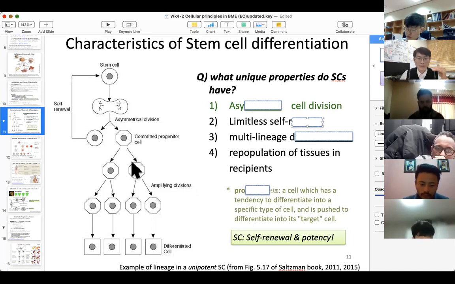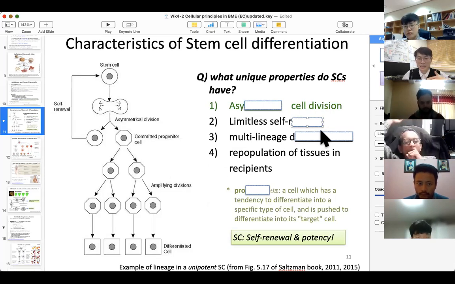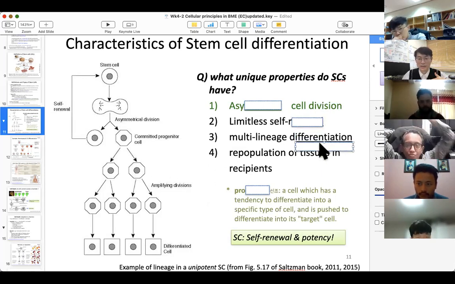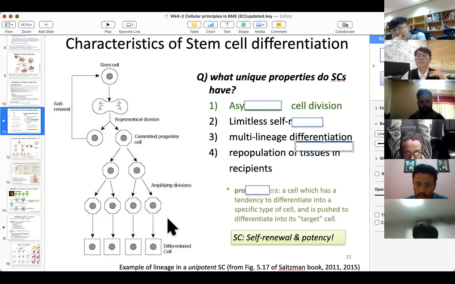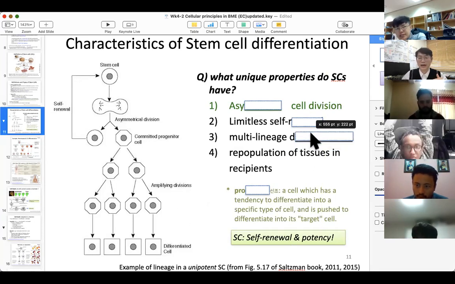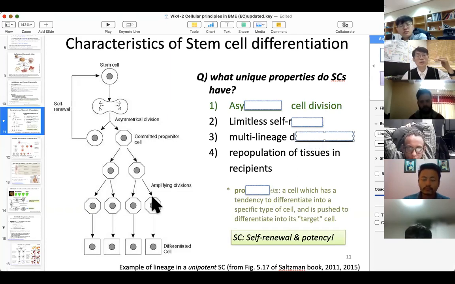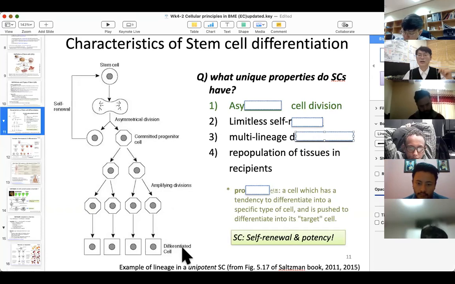So this has to be multi-layered, multi-lineage differentiation to become a specialized cell. Because of this exponential amplification, or transient amplification, it becomes a final differentiated cell, so that it can repopulate the tissue in the recipient.